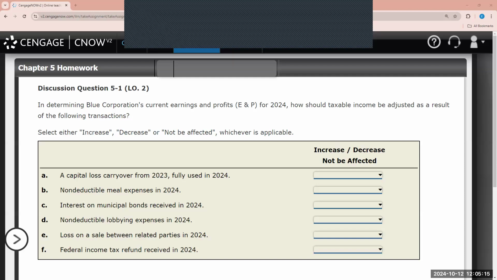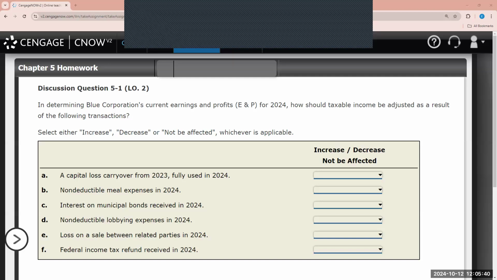However, there's a difference between earnings and profits and retained earnings in the way in which they are calculated. The computation of retained earnings is based on financial accounting rules, whereas earnings and profits is determined using rules that are specified in the tax law. Congress hasn't necessarily provided a specific calculation of earnings and profits in the Internal Revenue Code.